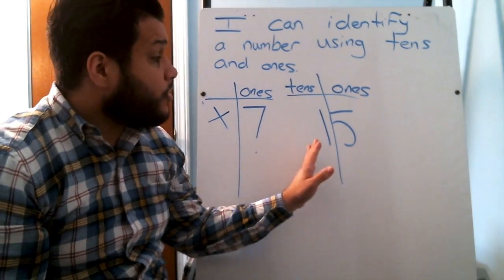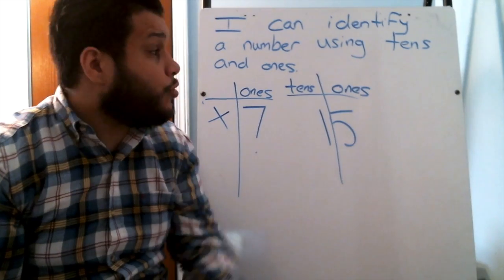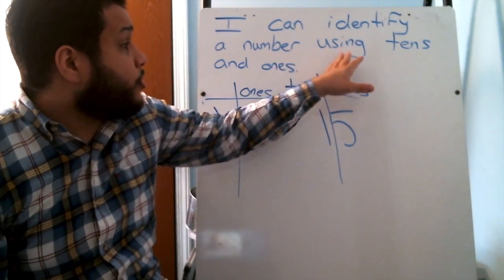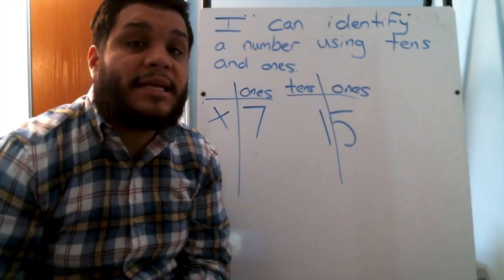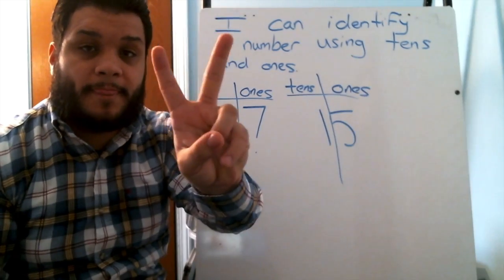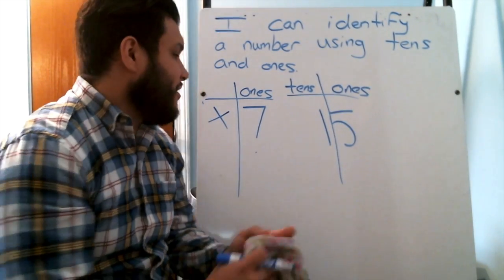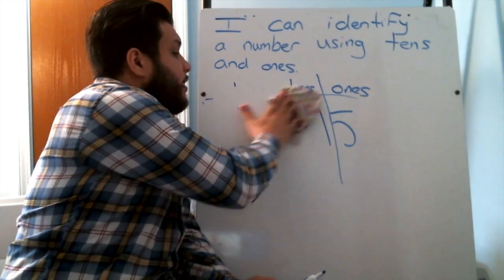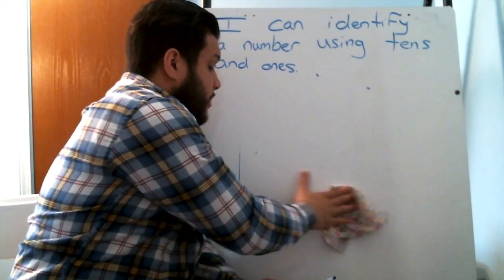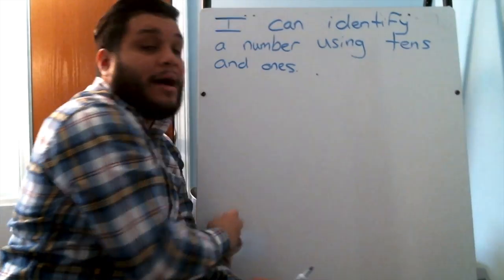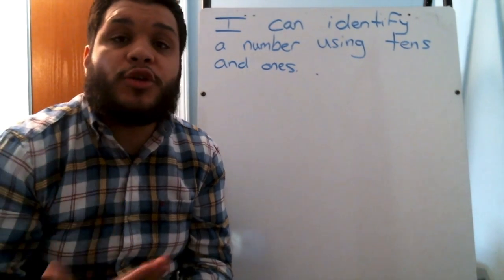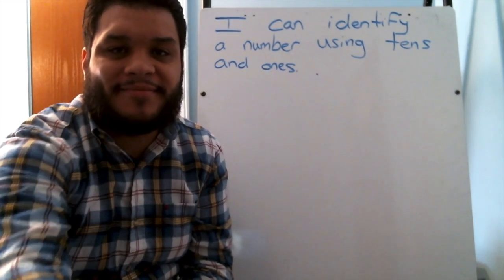Yes, I do. So in order for us to identify numbers using tens and ones, these numbers have to be two-digit numbers. Awesome. So we're going to jump in today and we're going to start expanding on our I can statement by using examples on the board.